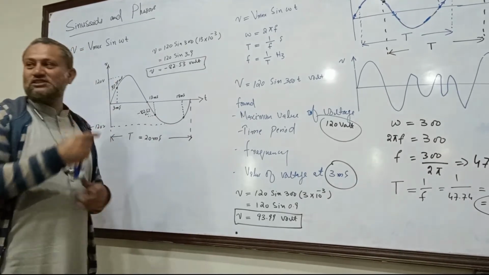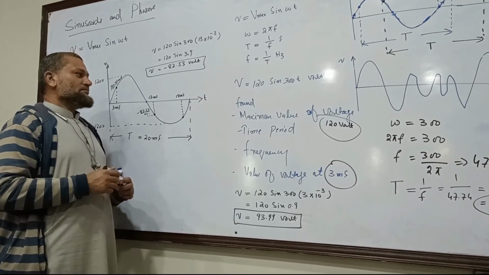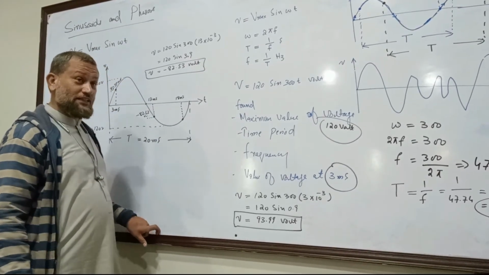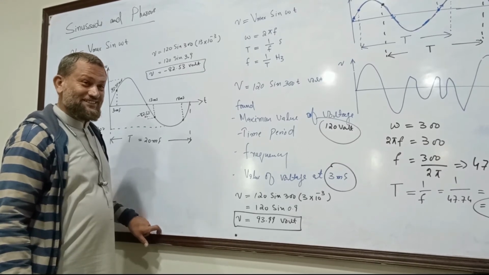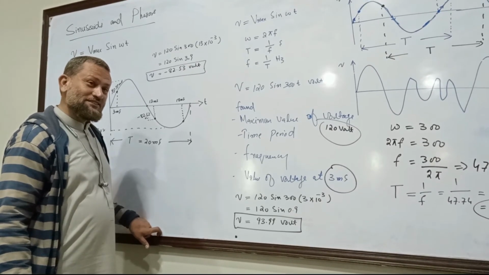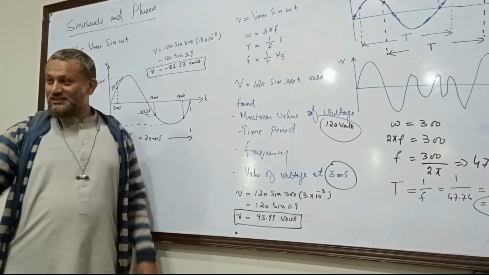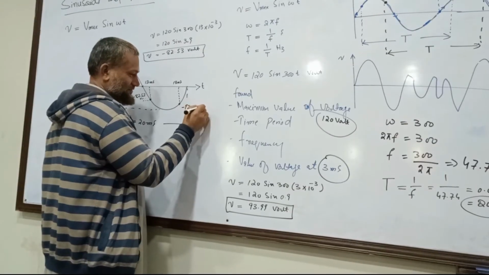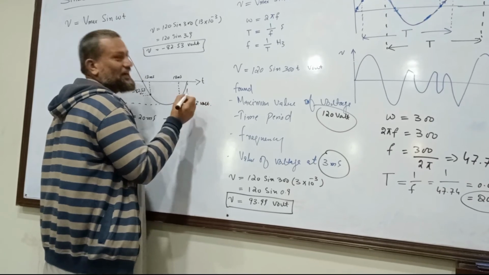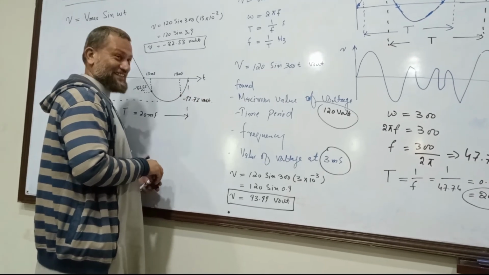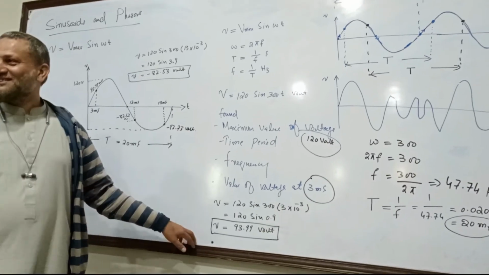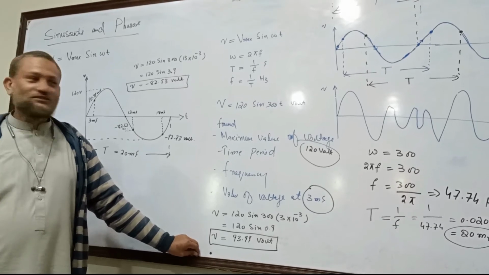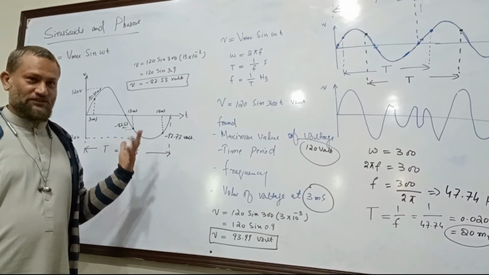I am just guessing, you just calculate. Minus 92.73. Very good. But I was wrong, you know. I just guessed that way. So that was the instantaneous way.